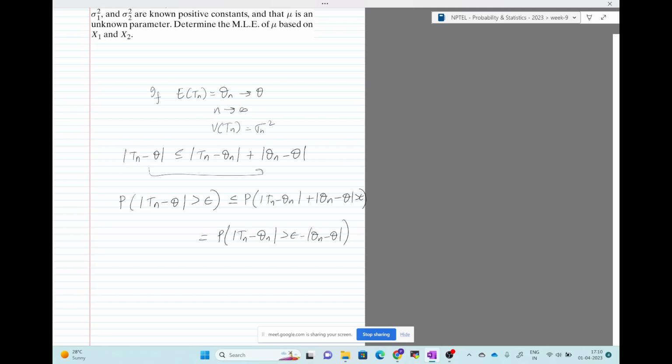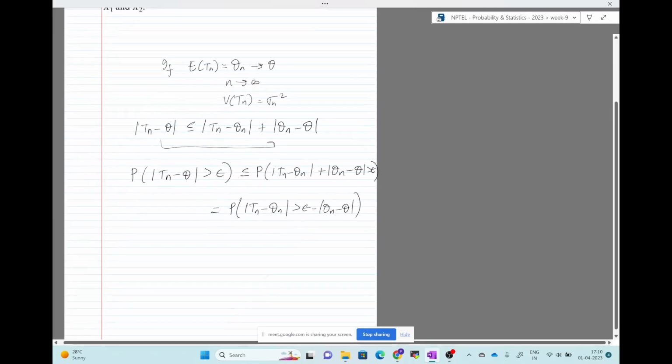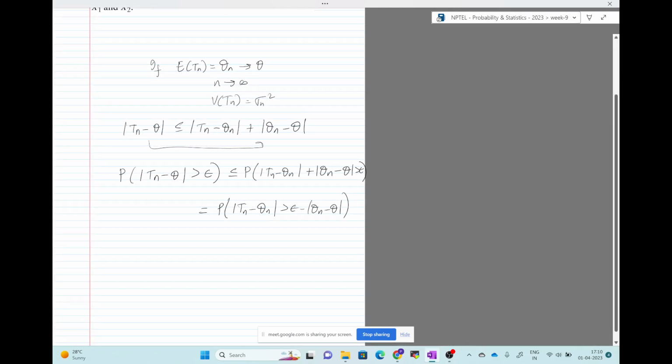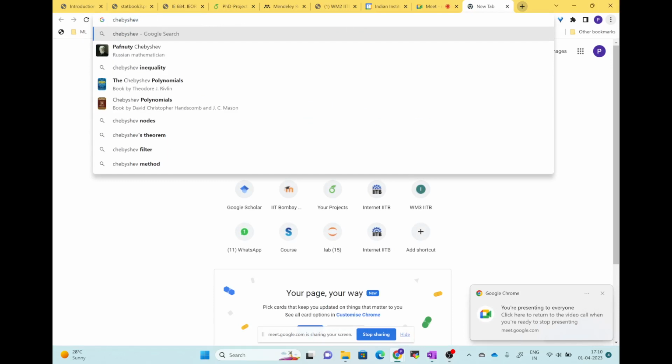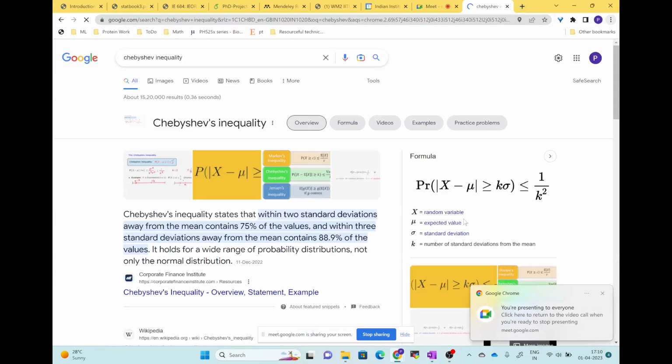I think that is where Chebyshev inequality is used. Was Chebyshev inequality discussed? I don't remember the term. Can you just Google? So this is it: probability of mod of x minus mu greater than k sigma is less than or equal to 1 by k square.